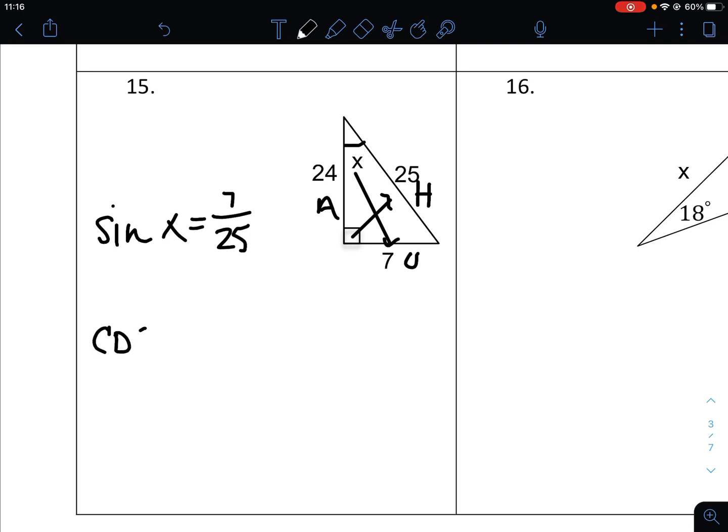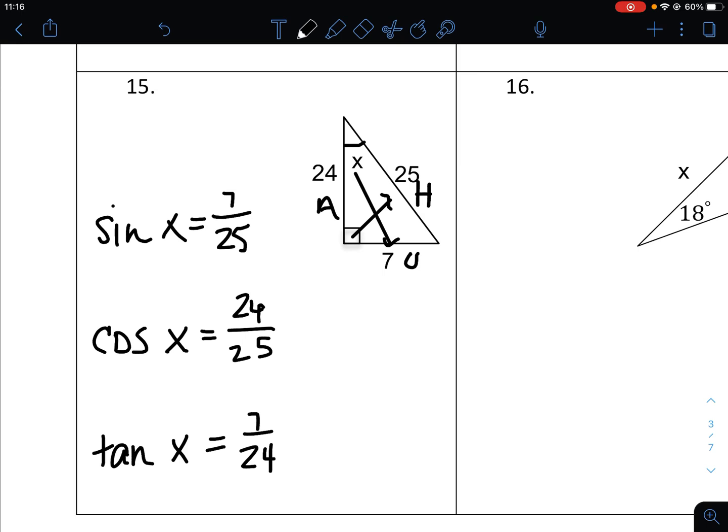We could use the cosine function, cosine of our angle, which is the x, the unknown, adjacent 24 over hypotenuse 25. Or we could decide to use our tangent. Tangent of x equals opposite 7 over adjacent 24. If we were to solve all three of these equations, we would come up with the same degree measure for our angle.